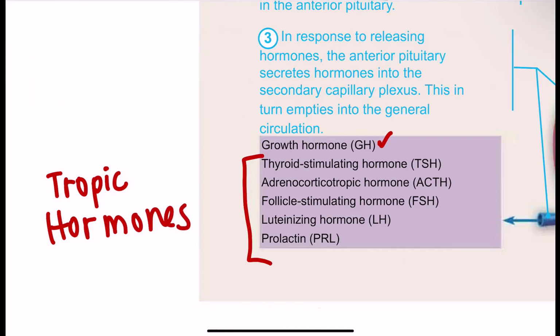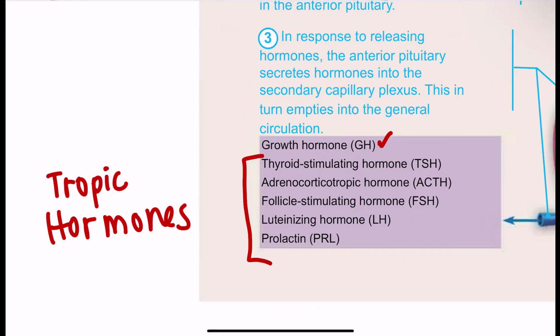Tropic hormones are hormones that are released by the anterior pituitary gland to regulate the activity of other endocrine organs. So they act on other endocrine organs to release or not release their products. Okay, so the first is TSH, thyroid stimulating hormone. So that means that TSH will go act on the thyroid to release its hormones appropriately.